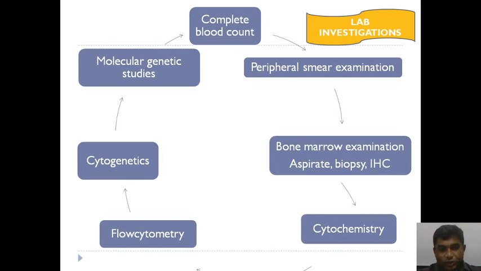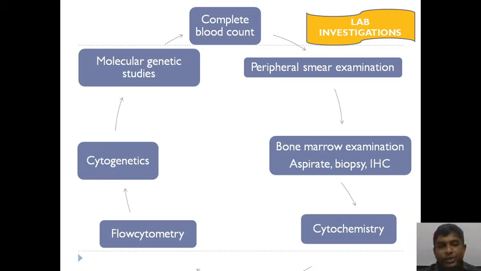This is called cytogenetic study. Or we can look at the genetic changes, or the changes in the DNA structure, what we call molecular genetic studies.